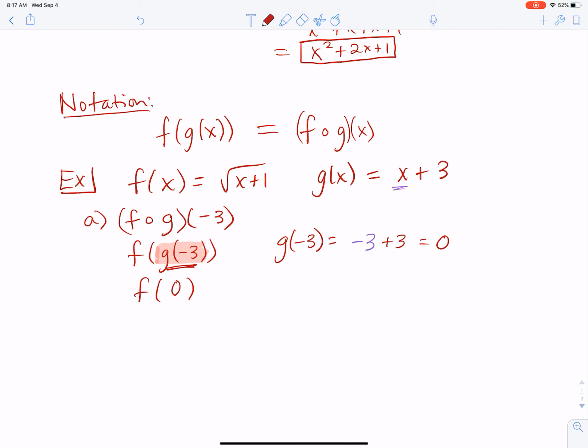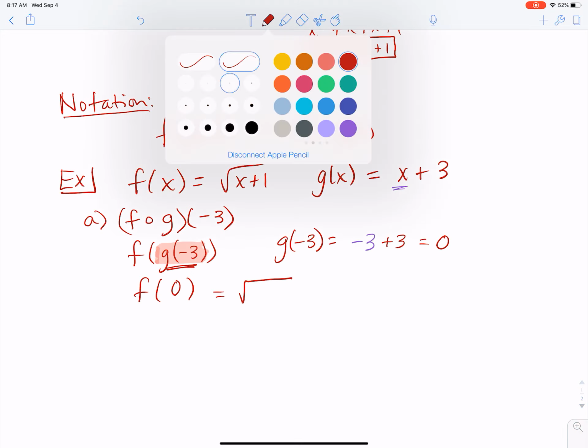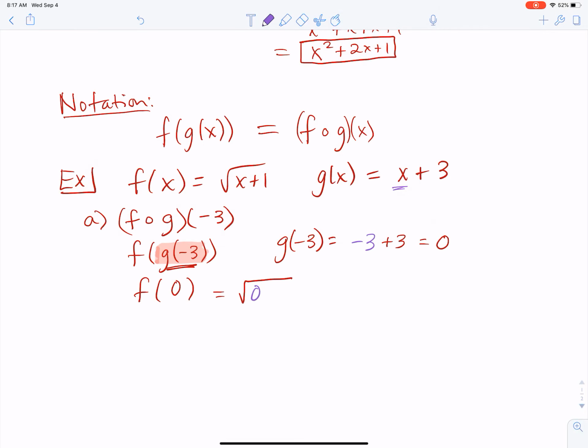So to do f of 0, we do square root of 0 plus 1. And so we get the square root of 1, which is 1. So that is our final number for this problem.